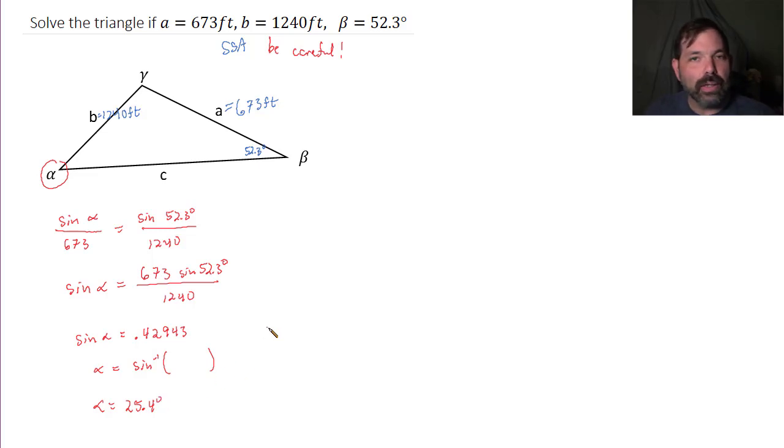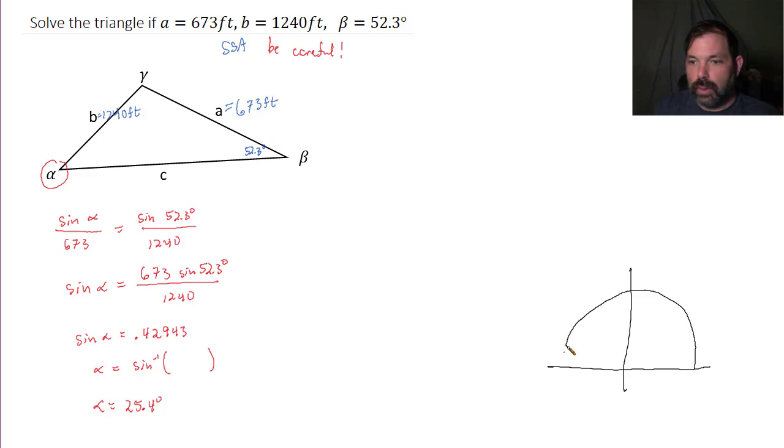But wait a minute. Let's remember how the sine function works. If we think of the unit circle for a moment, what we're saying here is, where is sine alpha 0.429, right? So if we think of our unit circle, sine is the y value. Where is the y value 0.429?